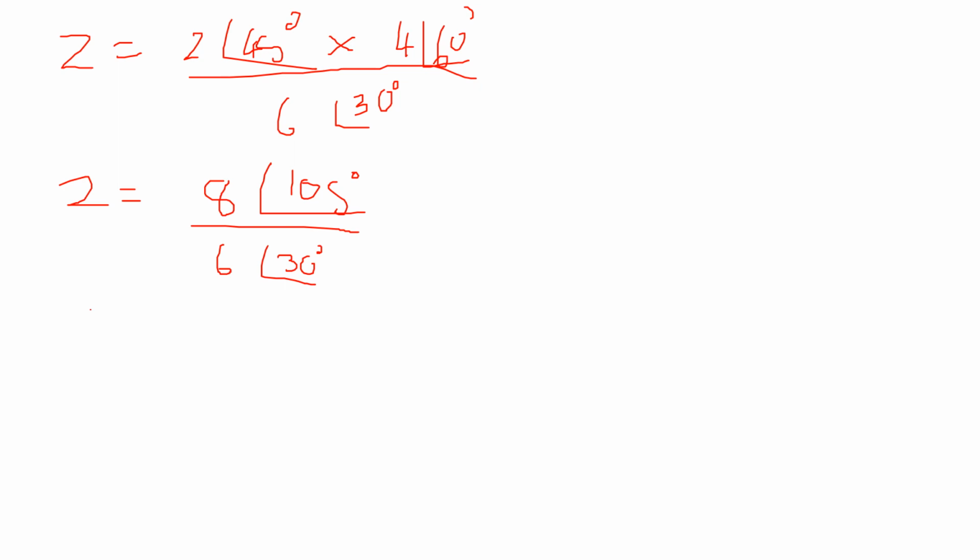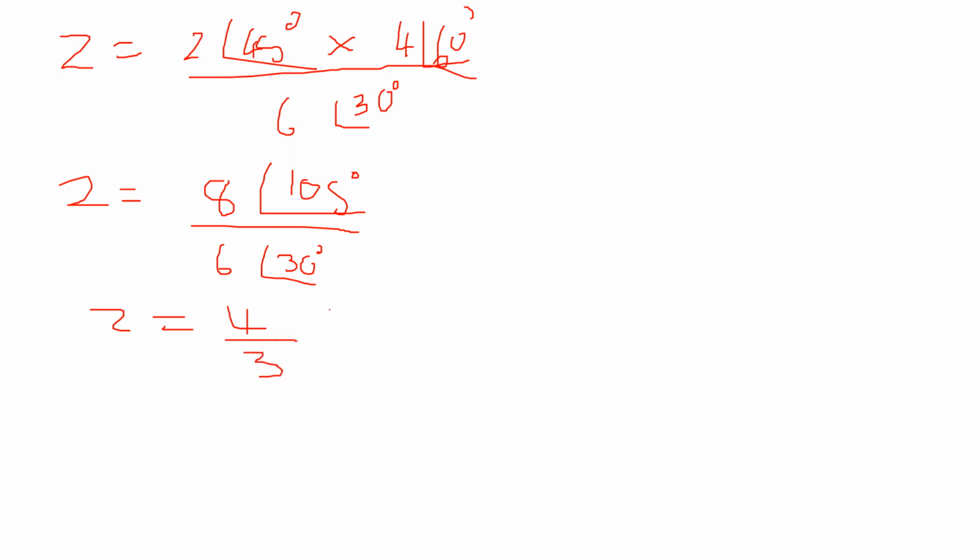Remember, when you divide polar forms, you divide the coefficients, which means the resultant, and then you subtract the angles. So 8 divided by 6 gives us 4 over 3.